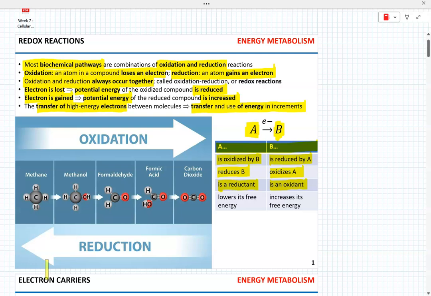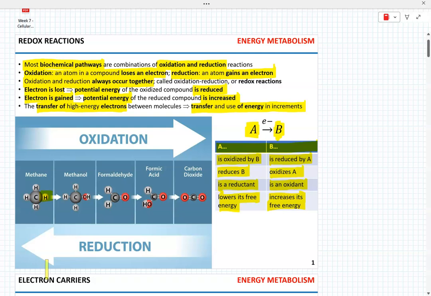A lowers its free energy because it is losing an electron, while B increases its free energy because it gains an electron.